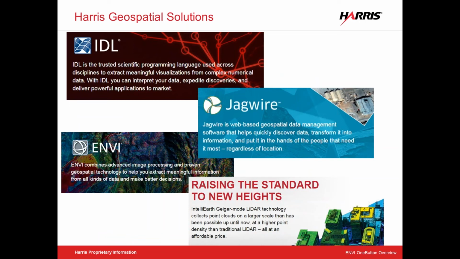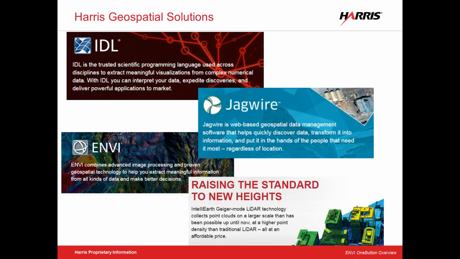So a little bit about what we do apart from ENVI OneButton: we've got some other software products out there. First is IDL. That was the first product that we developed, the Interactive Data Language. It's a programming language. It's really easy to use. Then came ENVI, which is the Environment for Visualizing Images. And I'm going to talk a little bit more about that in just a minute.